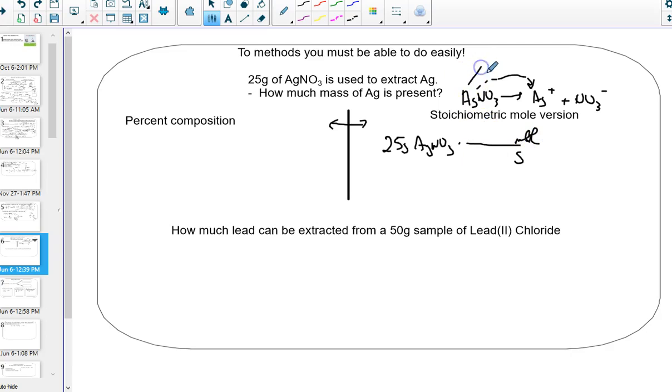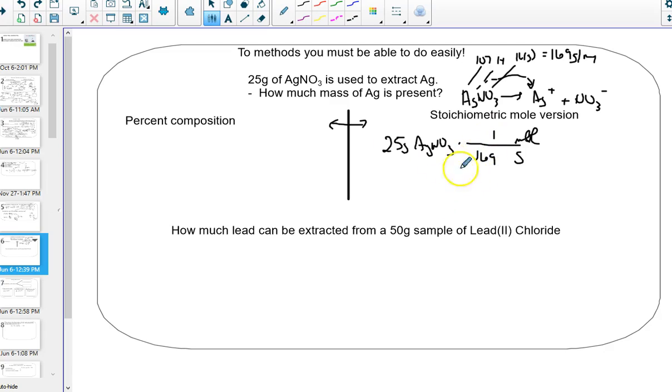Let's add this up. This silver is 107, plus the nitrogen is 14, plus 3 oxygens, 16 times 3, and you should get 169 grams per mole on this guy. 1 mole is 169.